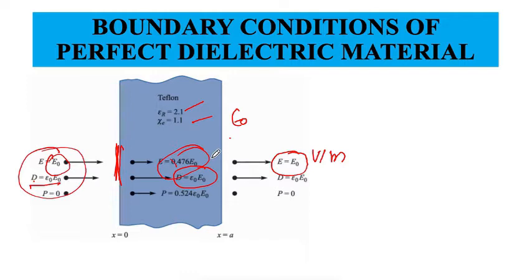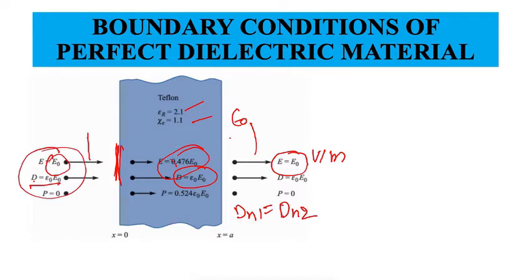Correct, because D N1 is equal to D N2. What would be the tangential component? Unfortunately, there is no tangential component. It is only the normal component that I have.